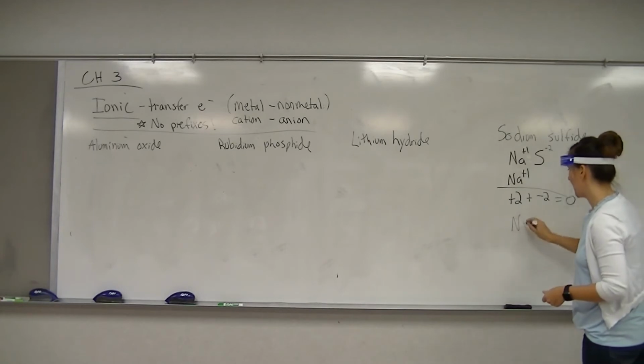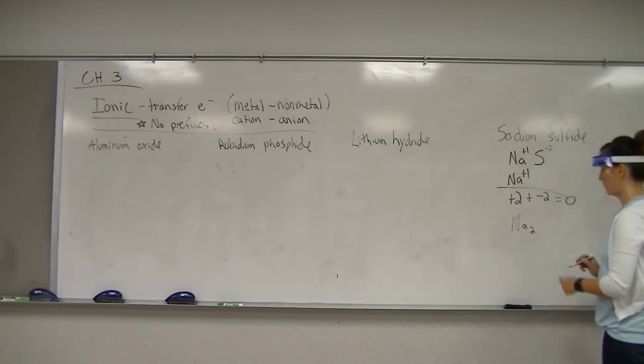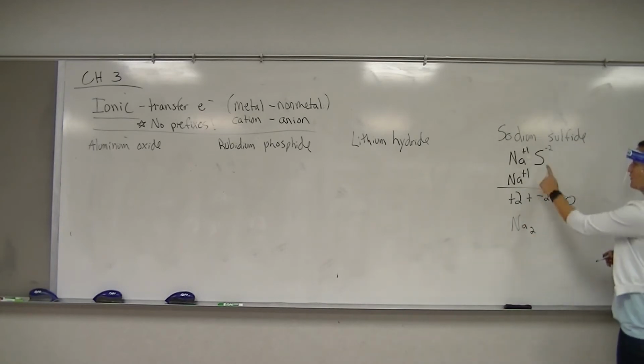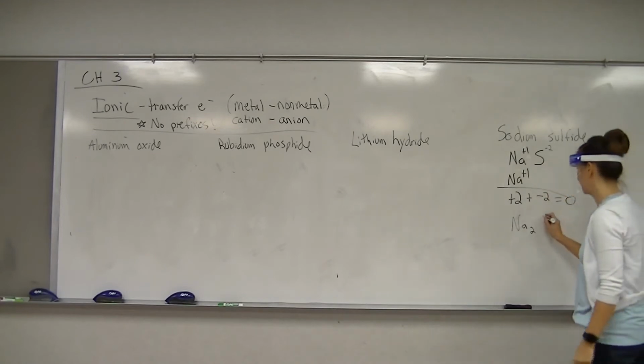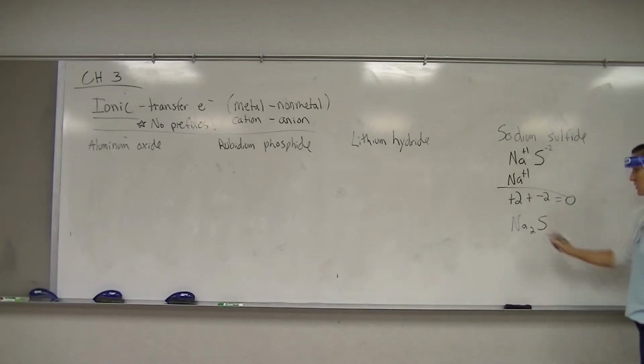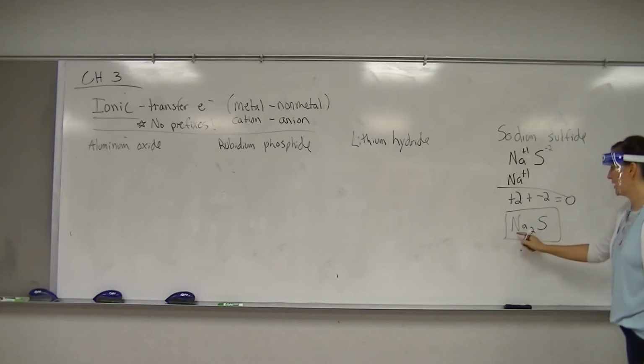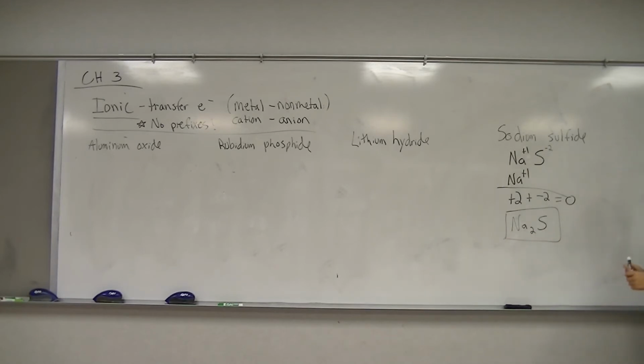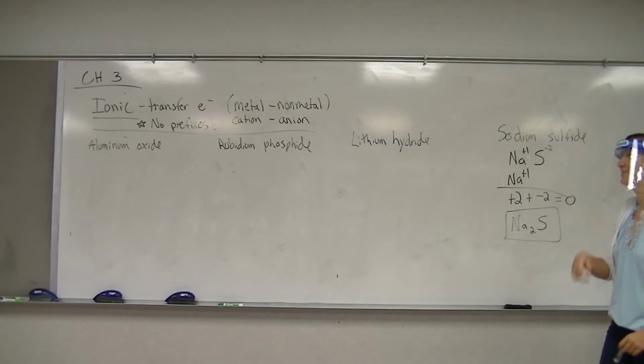I'm going to write Na with a little 2 after it, because I need 2 sodium atoms for every 1 sulfur. So this would be the correct chemical formula, Na2S. A little more complicated than the covalent, where you just use the prefixes.